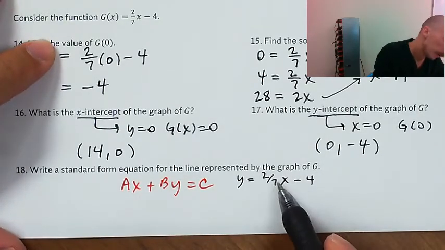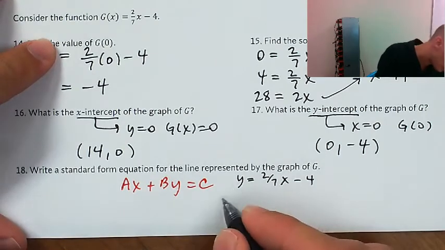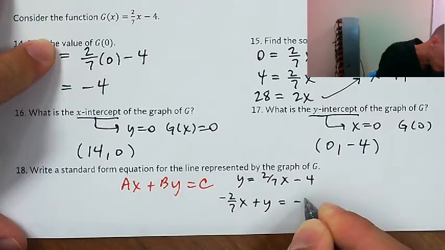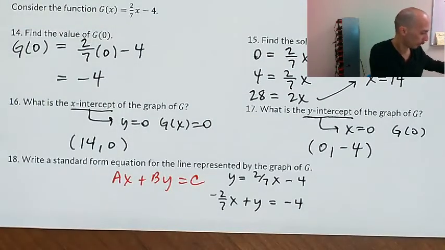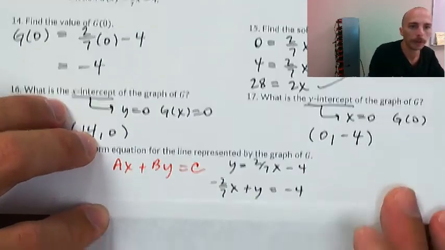And, well, suppose I'm going to subtract the 2/7 x over here. And it looks like I did not leave enough space here for us to solve this problem, but that's all right. Just a little scrap of paper.